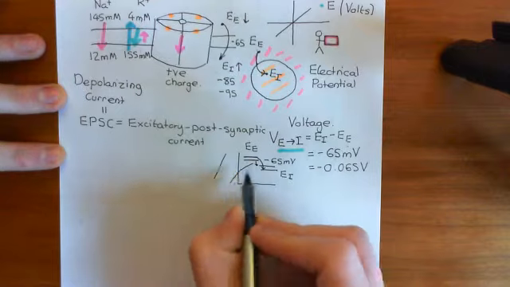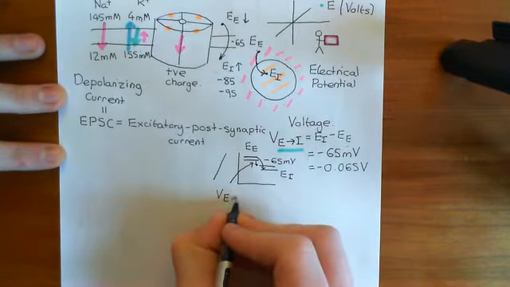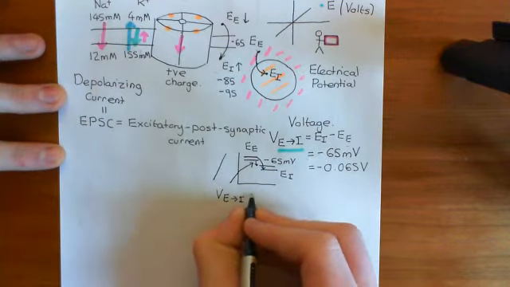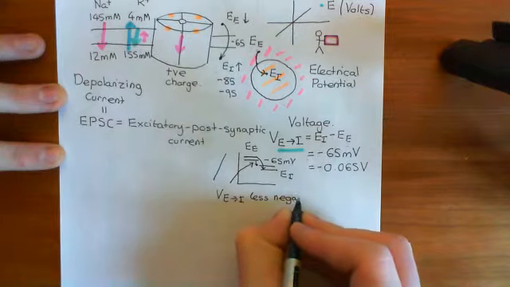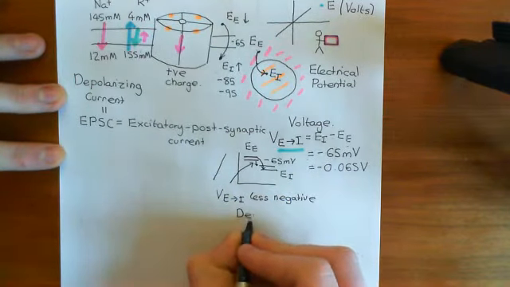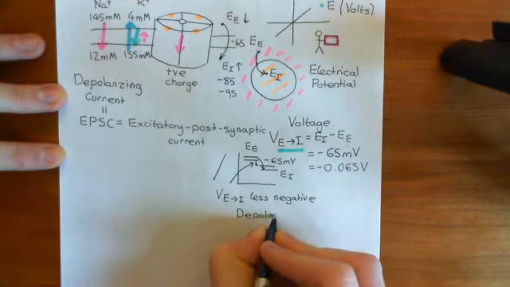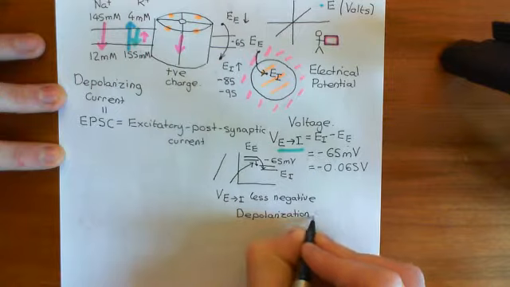So the electrical potential difference from extracellular to intracellular is going to become less negative. And the name for the electrical potential difference across the cell membrane becoming less negative is a depolarization. We say that the electrical potential difference across the cell membrane has become depolarized.